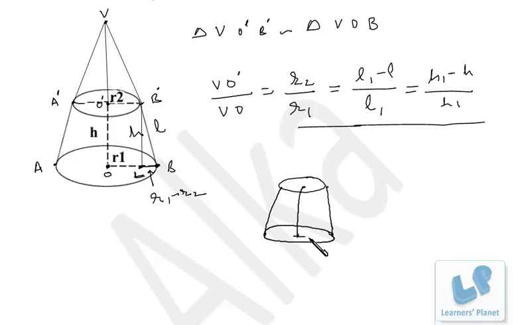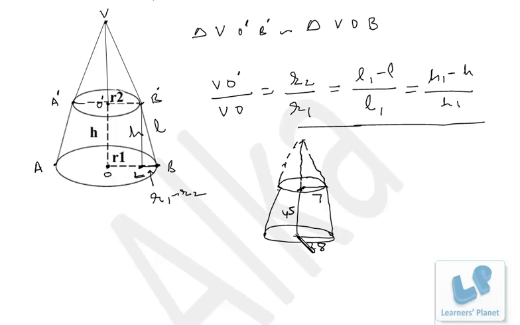Okay, here it is given that the radius of the bigger circle is 28, the radius of this smaller circle is 7, and the height of this frustum is 45, right? As I already told you, you need not mug up the formula when you have to find out the volume of this frustum. Even though you don't have to, for explanation I'm just completing it into a cone. Now this is 1/4 of this.